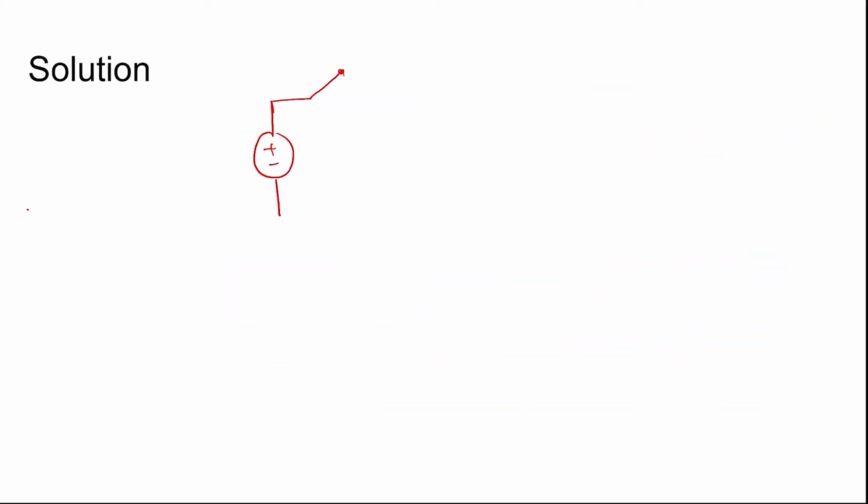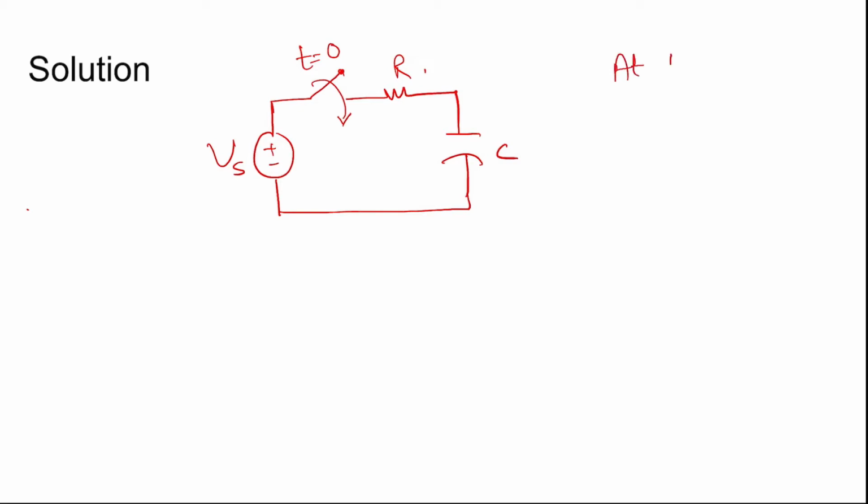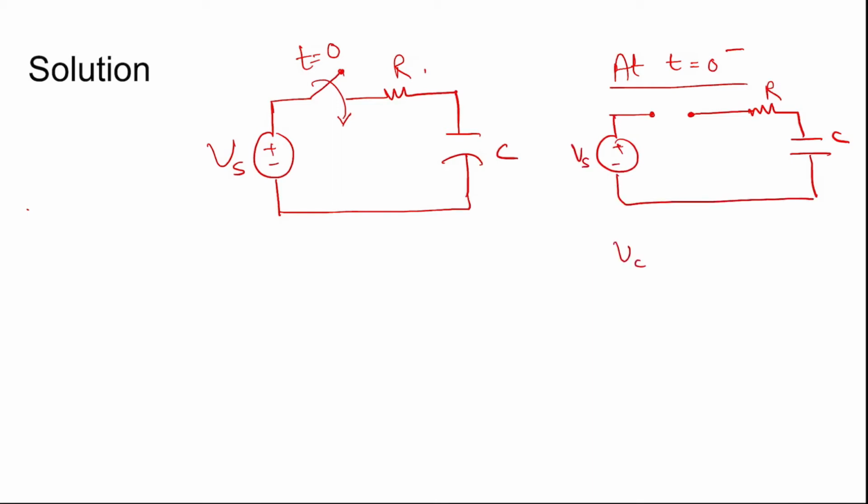Coming to the solution, it is given that there is a DC voltage source and a resistance R and capacitance C like this. Now at t equal to 0 it is closed. So at t equal to 0 minus, the circuit was open circuited, with the R and C and the DC source.